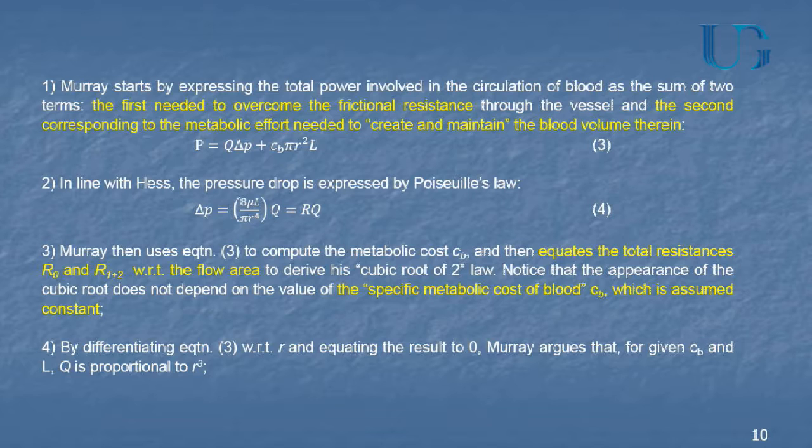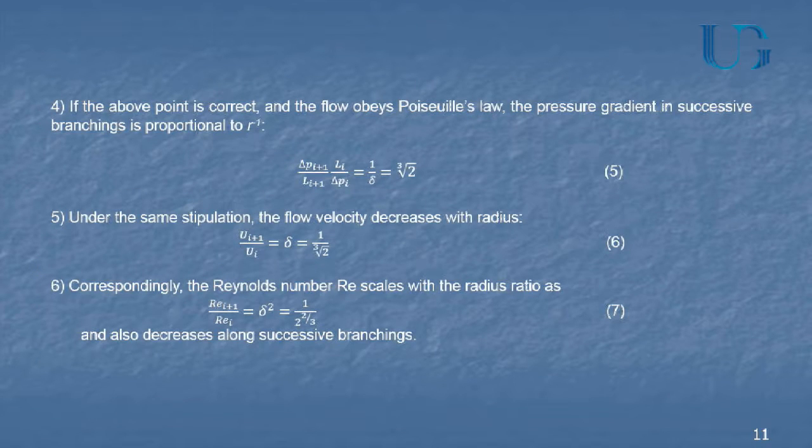Next, please. If the law is correct, then as a consequence, the pressure gradient in the daughter branch, divided by the pressure gradient in the main branch, is equal to the cubic root of 2. Cubic root of 2 is 1.26. So that formula says that if the Hess-Murray law is true, then the pressure gradient increases in the smaller capillaries, which is confirmed by experimental values.